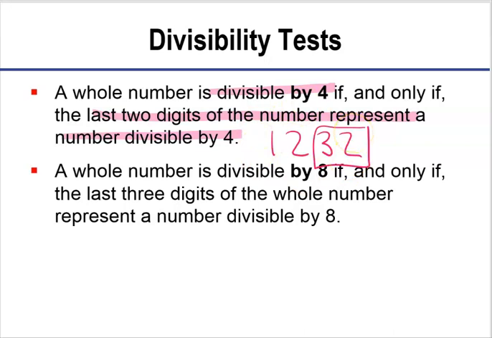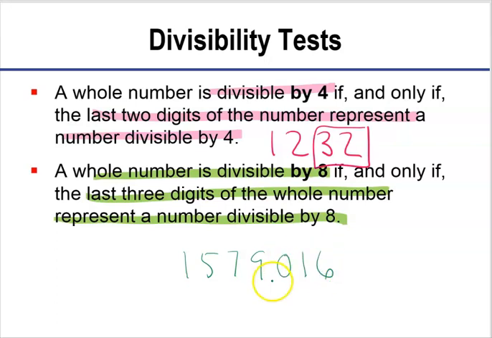8 has a very similar rule. A whole number is divisible by 8 if and only if the last 3 digits of the whole number are divisible by 8. So if I make up some wild example like 1, 5, 7, 9, and then 0, 1, 6. If you look at those last 3 digits, those are divisible by 8. 16 is divisible by 8.